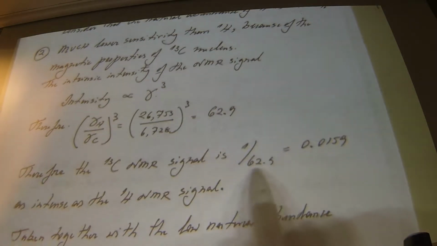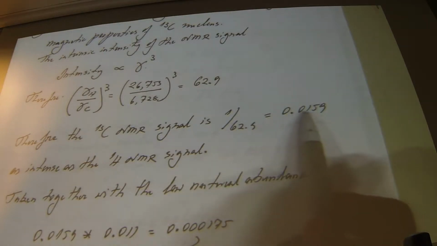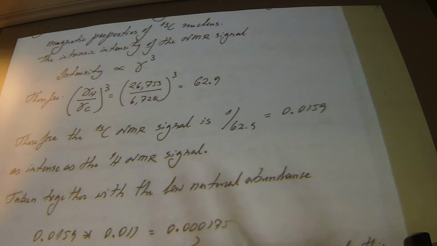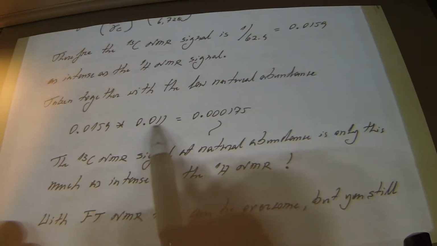So if I take the inverse of that number, then the C13 signal is only about 1.6% as intense as the proton signal. So you say, well, okay, fine, 1.6% is not very much, but that's not that bad, is it? No, it's not. The problem, however, is that C13 has low abundance too. And so when I combine this number with the low abundance of C13, I'm going to multiply these two.